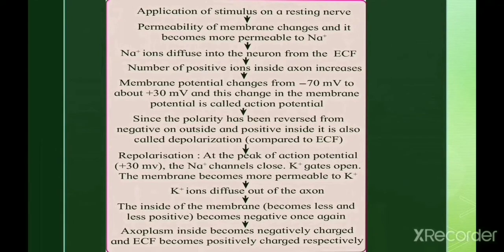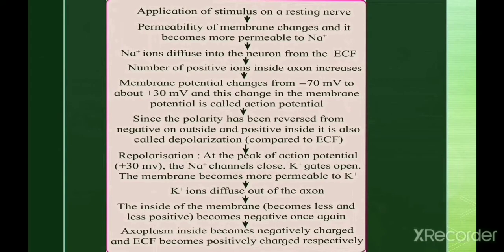How does it take place? First of all, whenever a resting nerve receives a stimulus, immediately the permeability of the membrane changes and it becomes more permeable to sodium ion. That means sodium ions now diffuse into the neuron from the extracellular fluid.